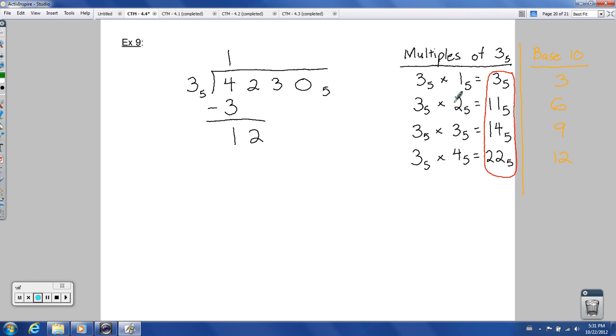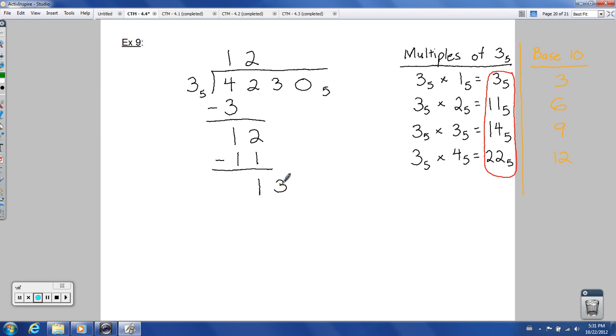I would say 2. So this would become a 2. And then 2 times 3 isn't 6, it's this right here. We've adjusted the 6 into base 5. So the 6 becomes an 11 in base 5. So we have 2 times 3 in base 5 is a 1 and a 1. Subtract 2 minus 1, you have 1. This becomes a 0. Carry down the 3 here.